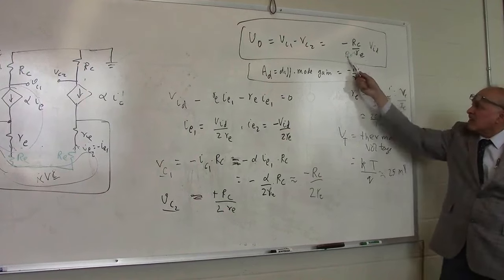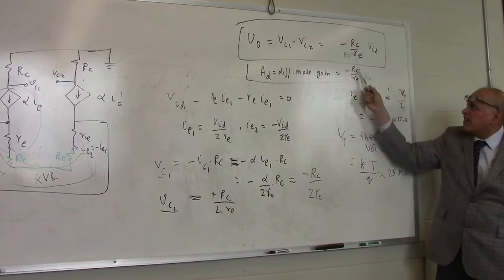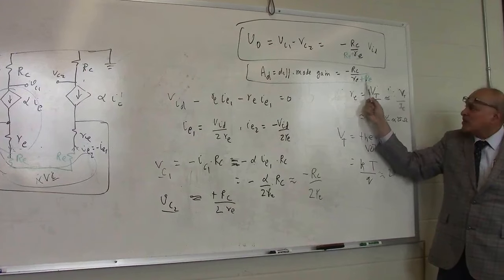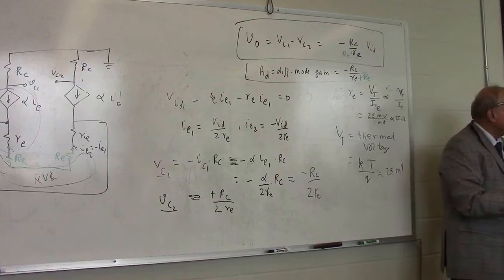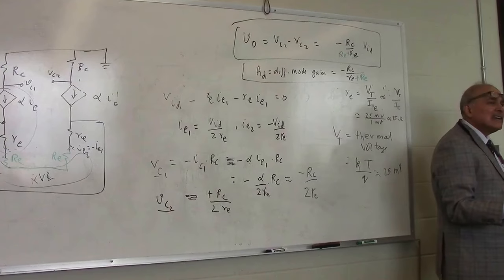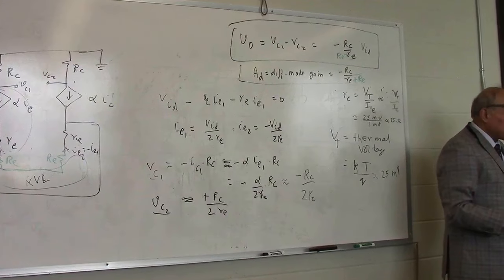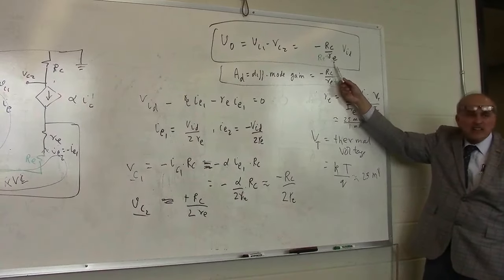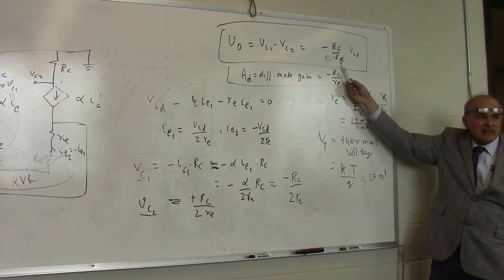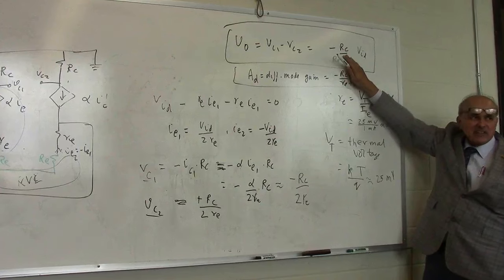By adding this external resistance, you minimize the variations in this RE. For example, if RE changes with temperature, because you have a bigger external resistance connected to it, you will find that your gain will not vary much. In fact, if you choose this RE to be much bigger than the smaller RE, then you can ignore the smaller RE and say that your gain is RC over RE.